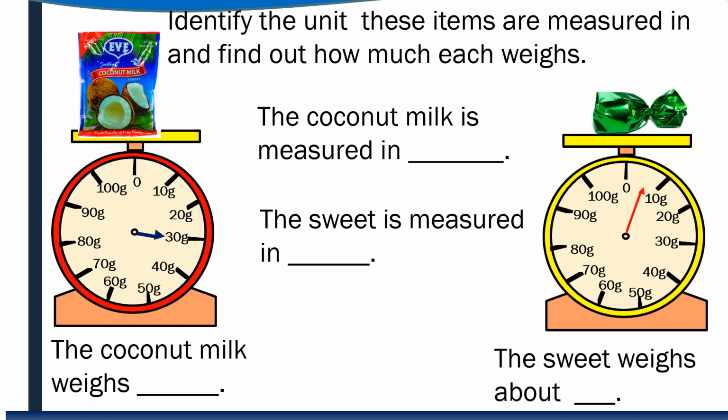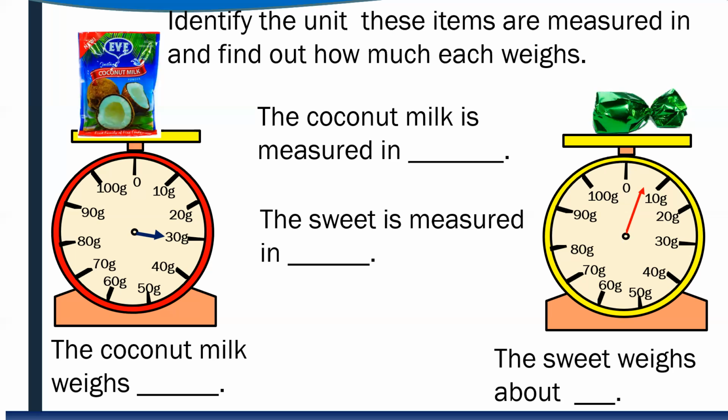Okay, boys and girls, here are two items for us to observe. I need you to identify the unit these items are measured in and how much each weighs. To do so, we will complete some sentences about them. What unit is the sachet of coconut milk measured in?